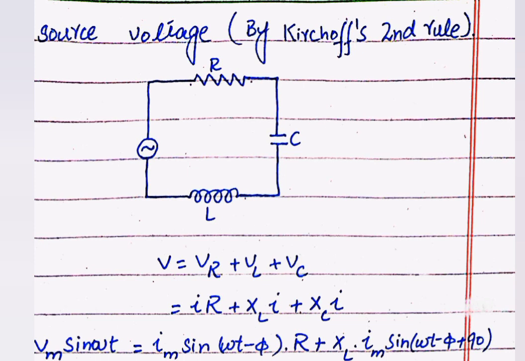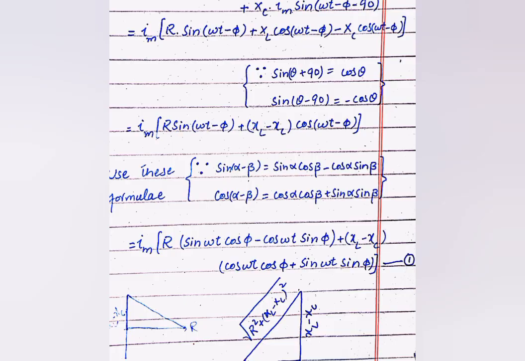Same as we put the value of I in case of the capacitor, here XC times Im sin(ωt − φ − 90), as the phase difference is 90 and the voltage lags in the capacitor circuit, that's why we put minus 90 here.